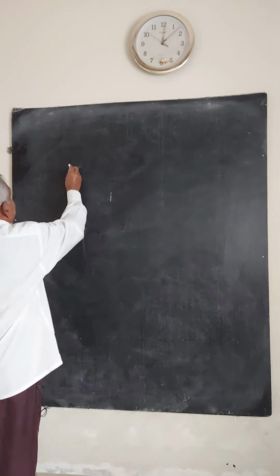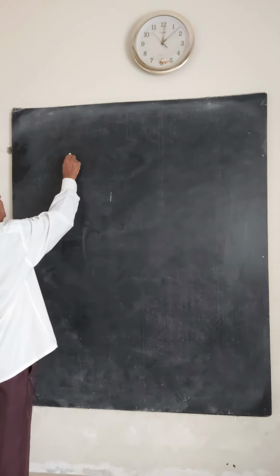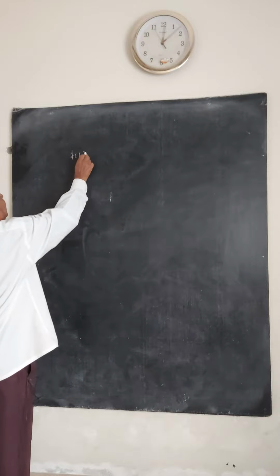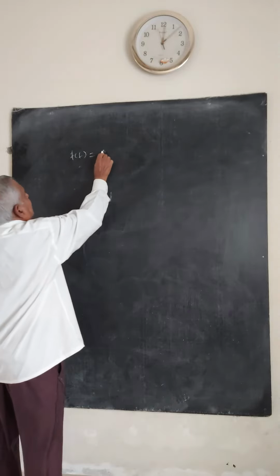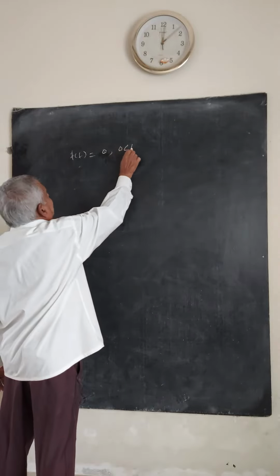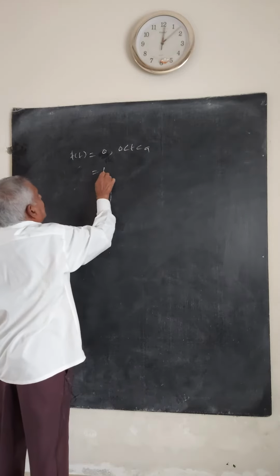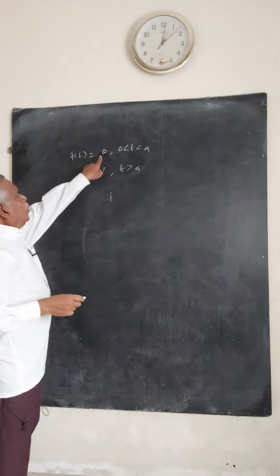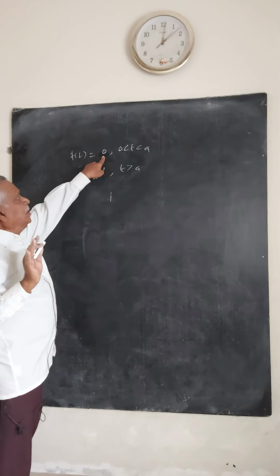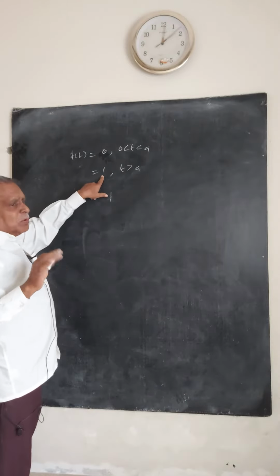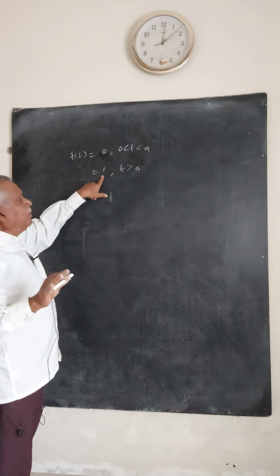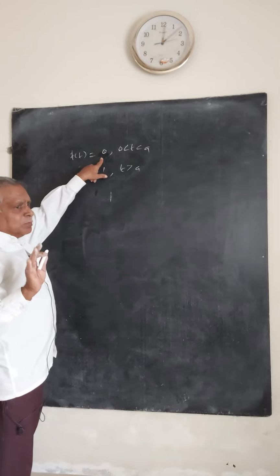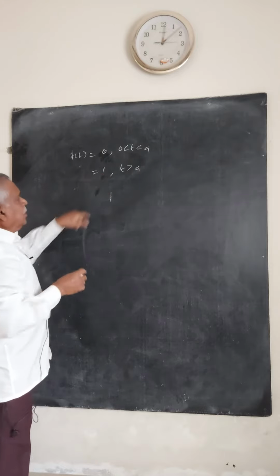We can simply write f(t) equal to 0 when 0 less than t less than a, equal to 1 when t greater than a. If 0 comes, we should not touch that. If 1 comes, whatever the function of t may be, we take it without the 0.